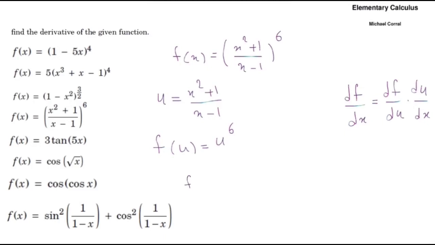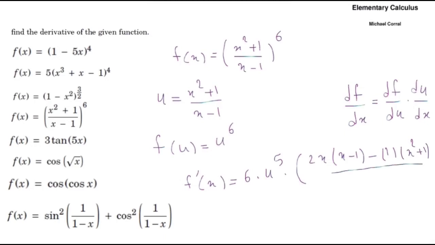So f prime of x equals df with respect to u, which is 6 times u to the 5th power, times du with respect to x, which is (2x times (x minus 1) minus 1 times (x squared plus 1)) over (x minus 1) squared.